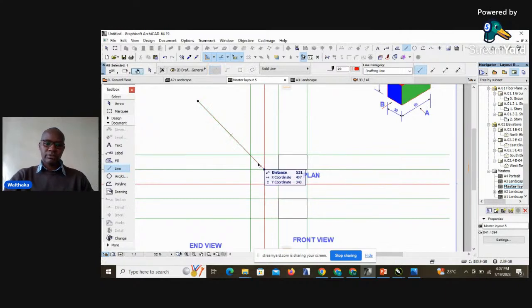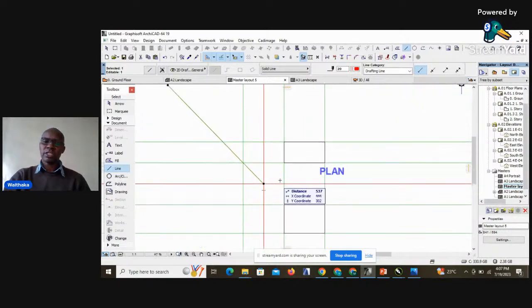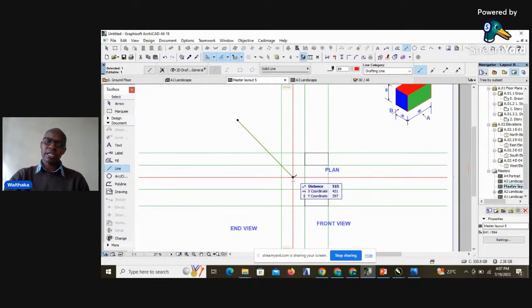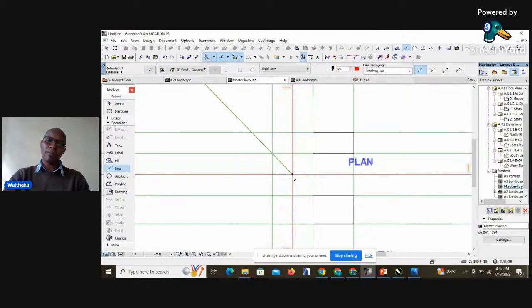Sorry, I've misplaced my reflector line. The reflector line should be at the center of the Cartesian plane. That's where you generate your reflector line from. Now we can see that the width of the plan has already been reflected, identified by the reflector line.